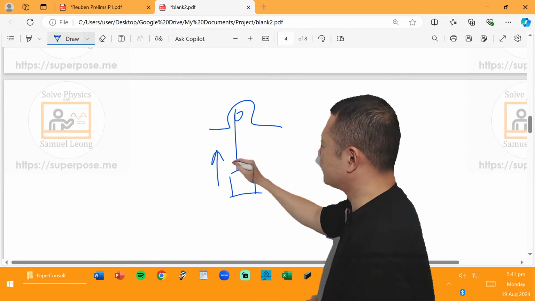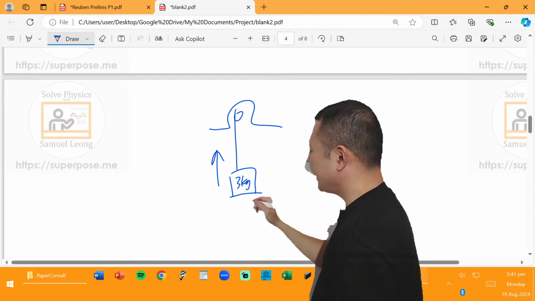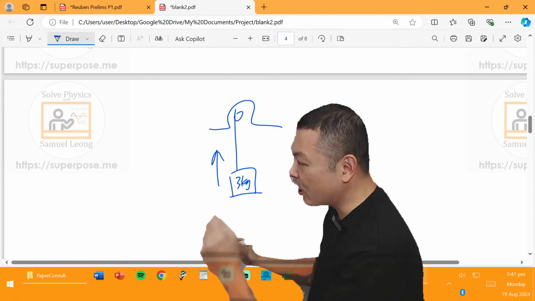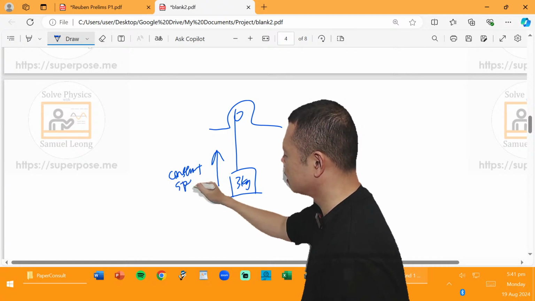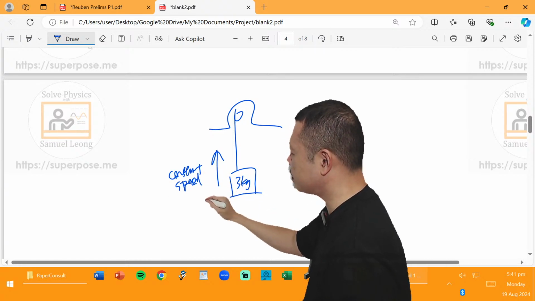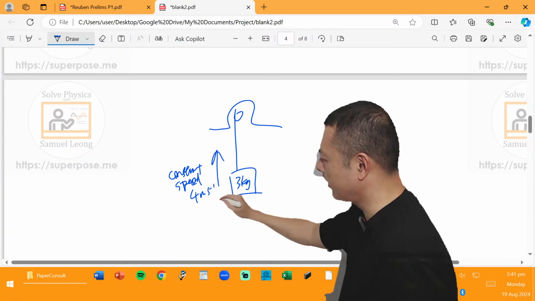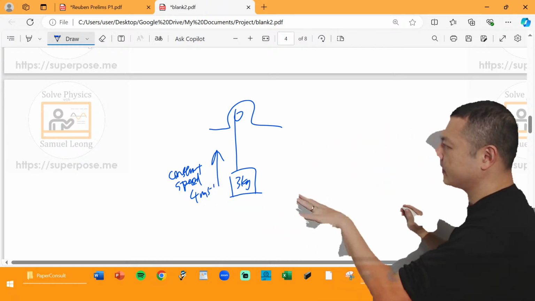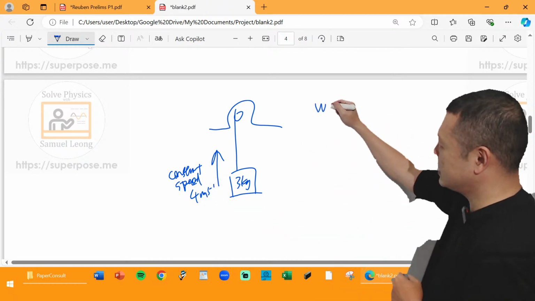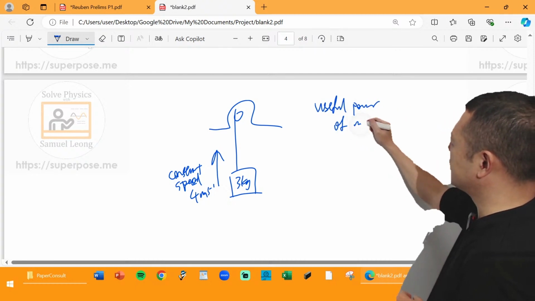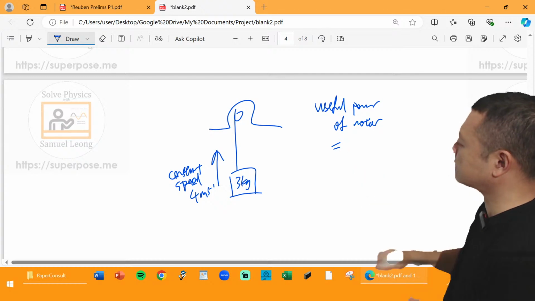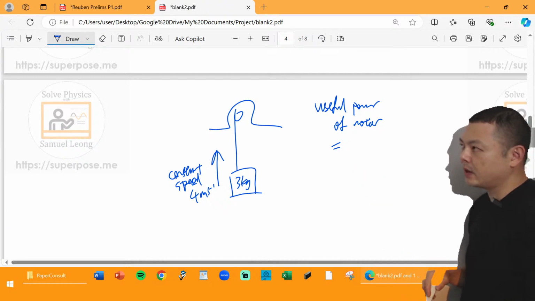This mass of 3 kg is being pulled up at a constant speed of 4 meters per second. And I ask you, what's the useful power of the motor?